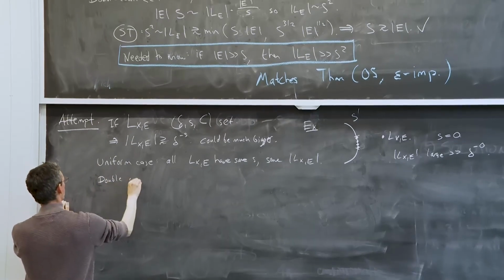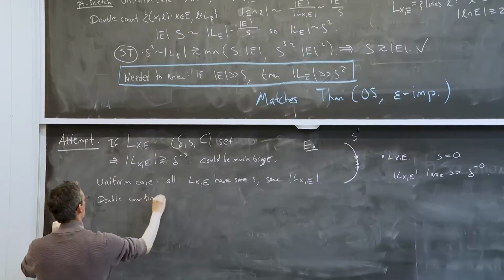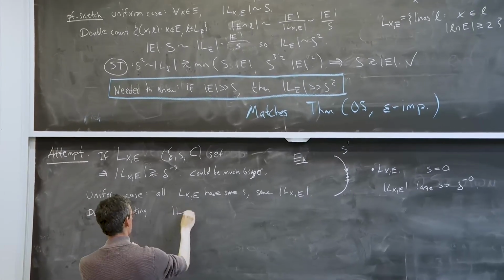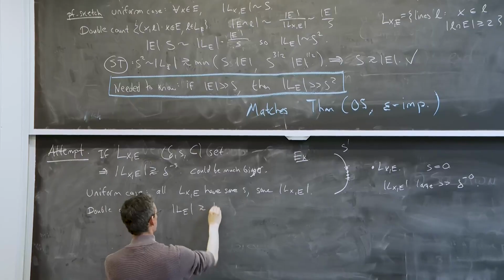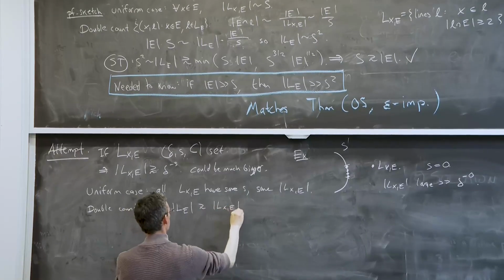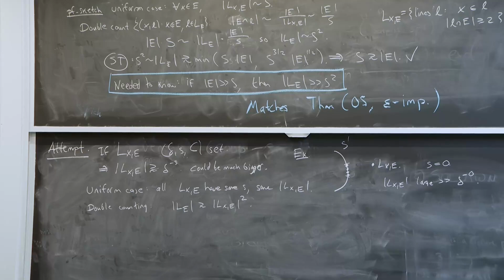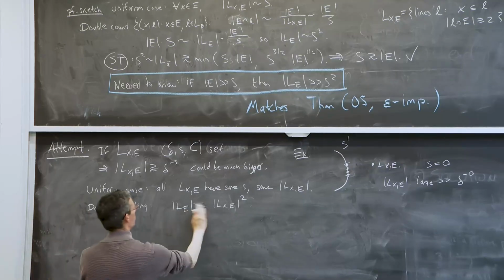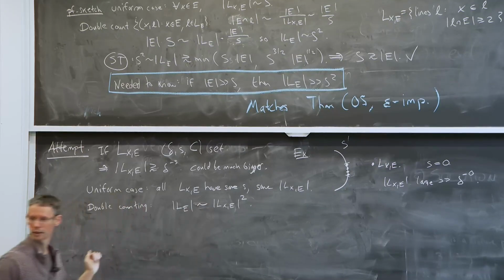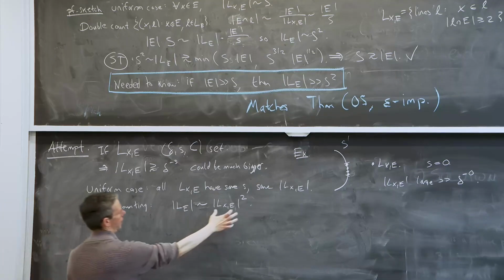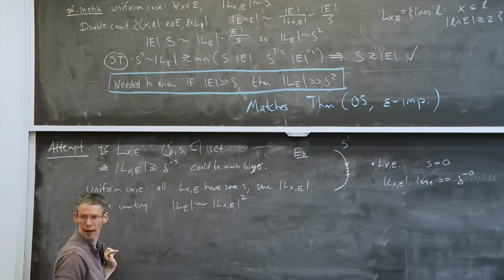That part doesn't change at all. And it gives us that L_E is approximately L_x^E squared. And so to get a lower bound on L_x^E, it suffices to get a lower bound on L_E.